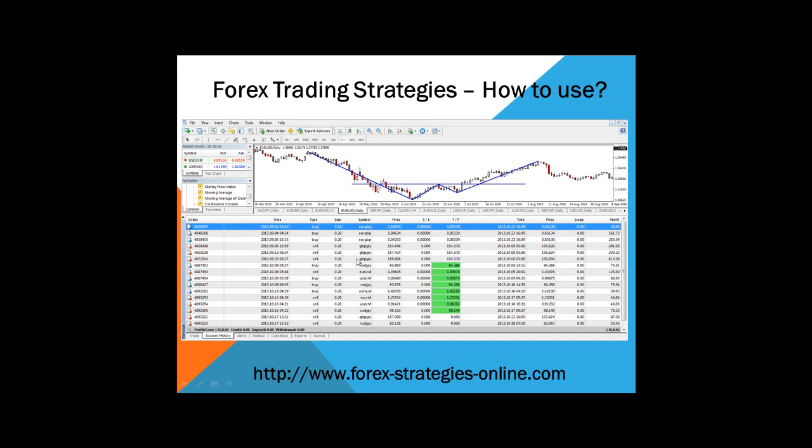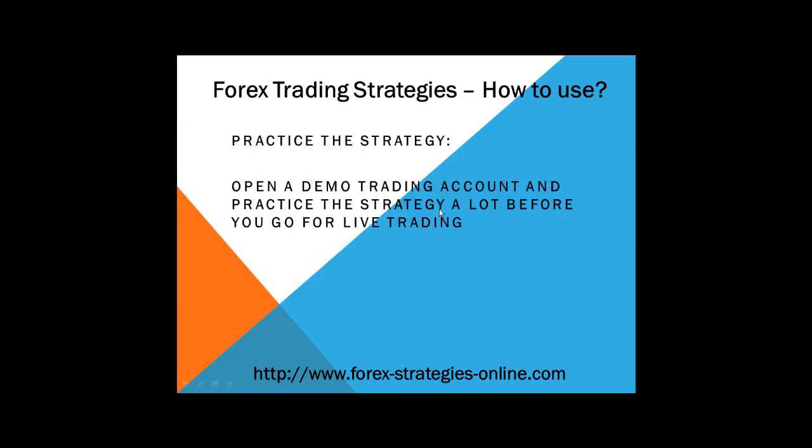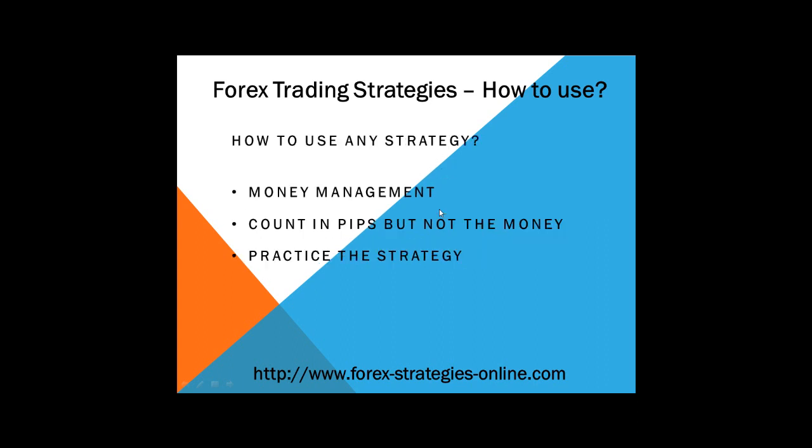But since I am following the money management rules, that's the reason I waited for those trades to come in my favorite direction and close in profit. So if you follow all these above rules, which is money management, counting the pips but not the money, and practicing the strategy, you can really work with any strategy in forex trading, and you can make money in forex trading.